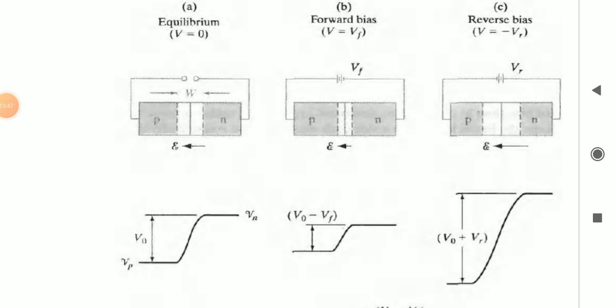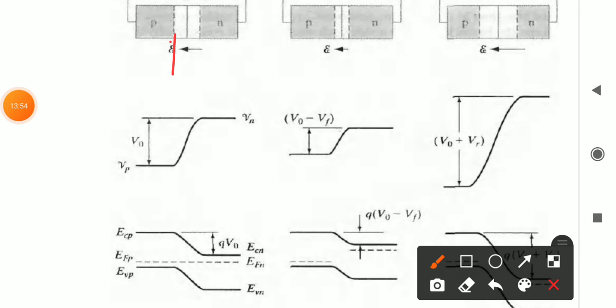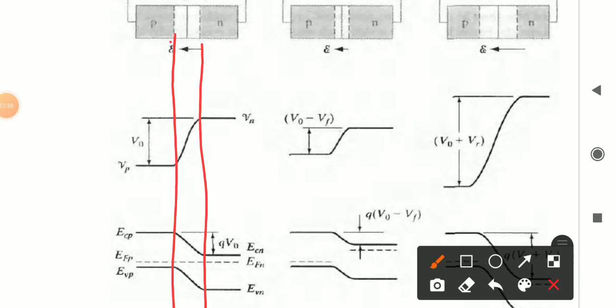Now the energy bands. The same thing, if we draw the vertical lines, this is our P region and this is our N region, and this is our depletion region. As I told you earlier, along with the Fermi level we are drawing this type of graph. This dotted line is our Fermi level.